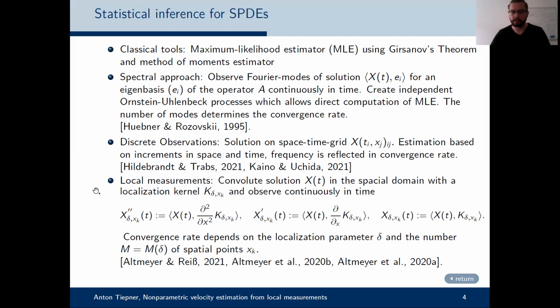We convolve the solution in the spatial domain with a localized kernel function k_{δ,x_k}, localized around some spatial point x_k with localization parameter δ, and observe some processes continuously in time, where we just have the scalar product between the solution and some localized function. The convergence rate depends on the localization parameter δ and the number m of spatial points x_k where we have the local measurements around.